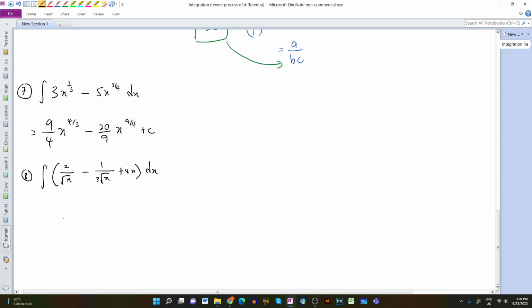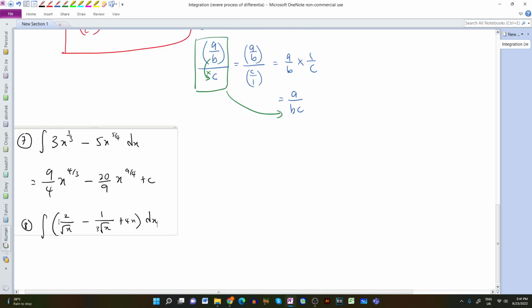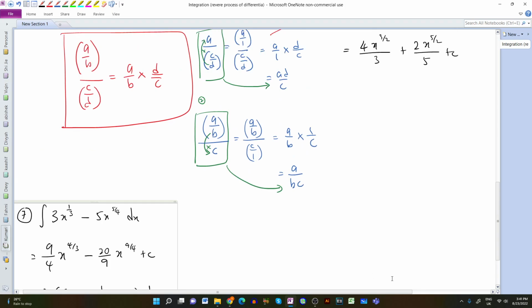Try this. Can you scroll up a bit? I want to copy the second technique you showed.